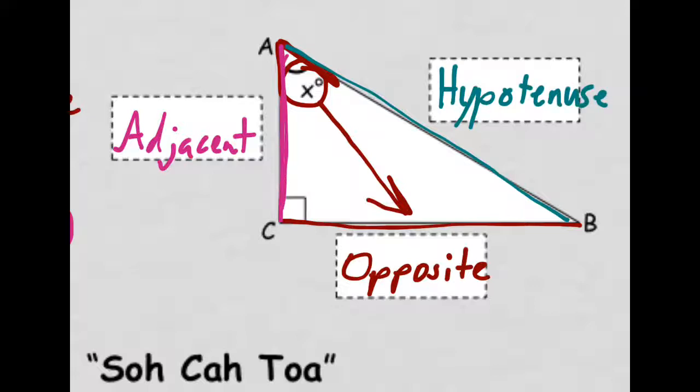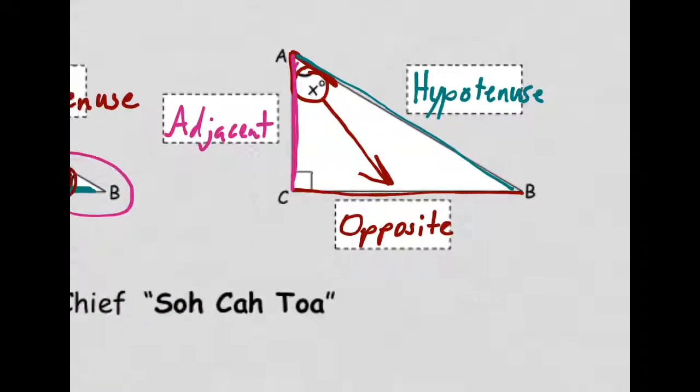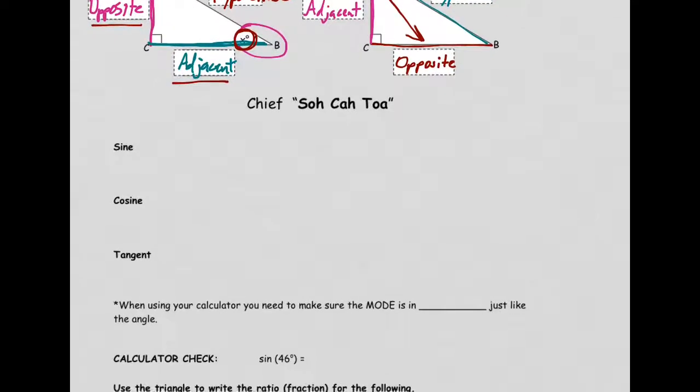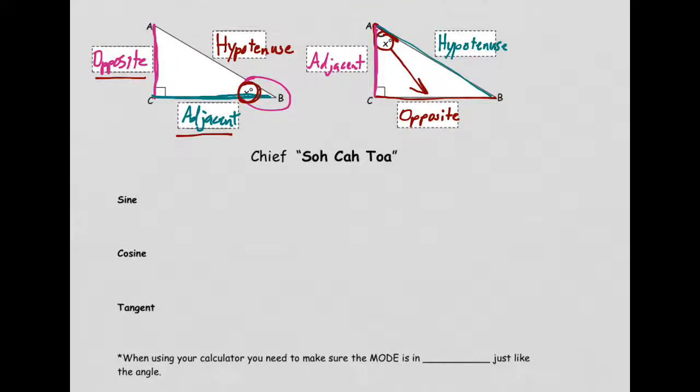Okay, so why do we need to name these sides in the first place? Well, it's really important for our trigonometry functions. Now here I have SOHCAHTOA, and SOHCAHTOA is going to help us remember what our trigonometric functions are.